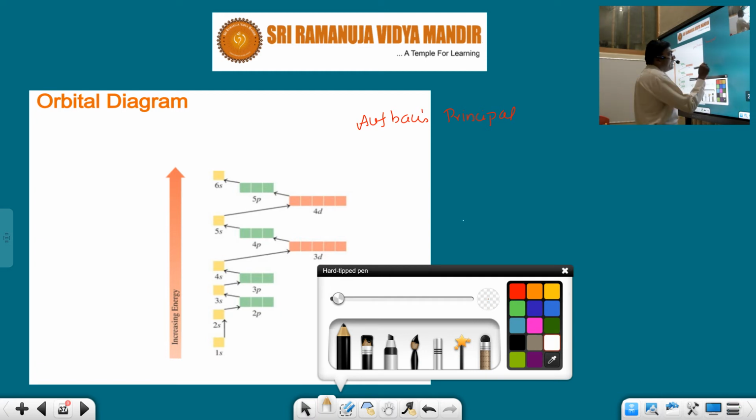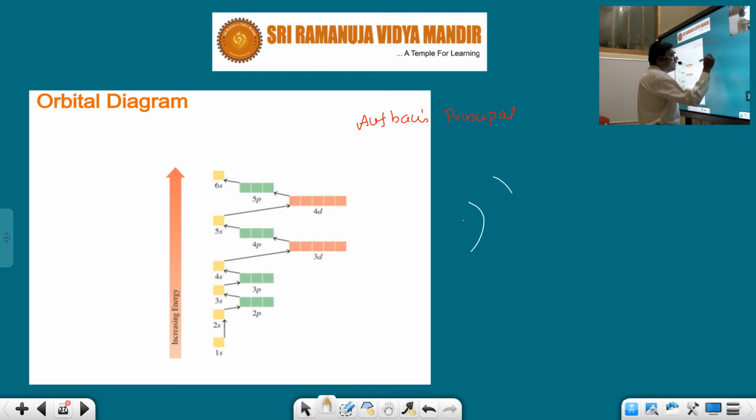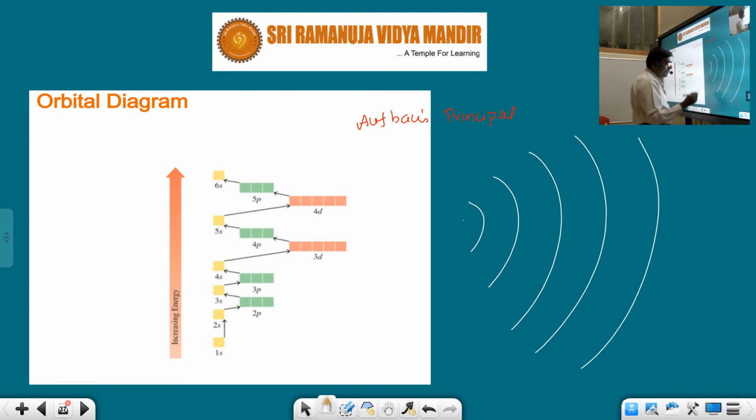For example, this is 1s, 2s, 3s, like that. So these are orbits, right? This is orbit number 1, 2, 3, 4, 5. For example, here you have 1s, 2s, 2p, 3s, 3p, 3d, 4s, 4p, 4d, 4f, and so on.